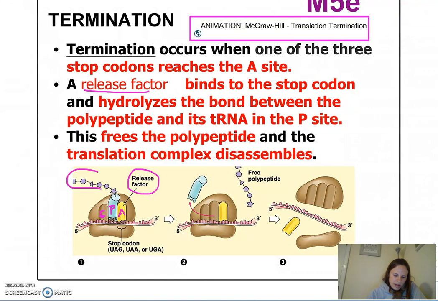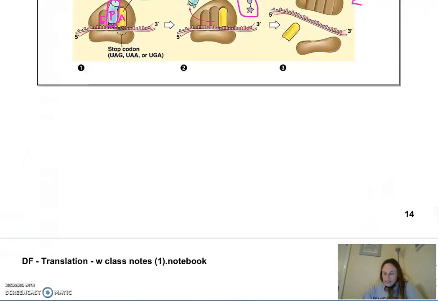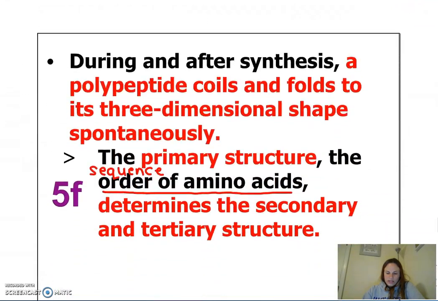So this polypeptide is going to be broken from the transfer RNA that's at the P site. And now we have our free polypeptide chain. Here's our free polypeptide chain, and our translation complex disassembles. That is the end of translation.